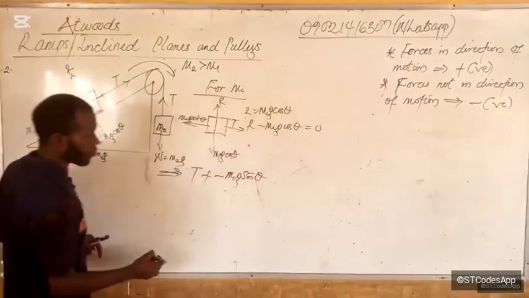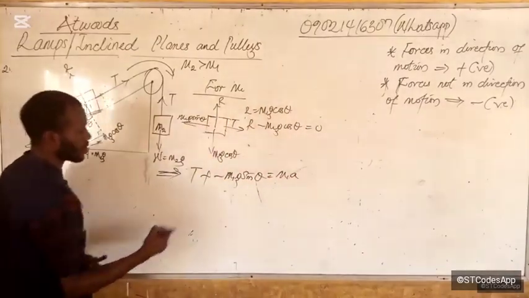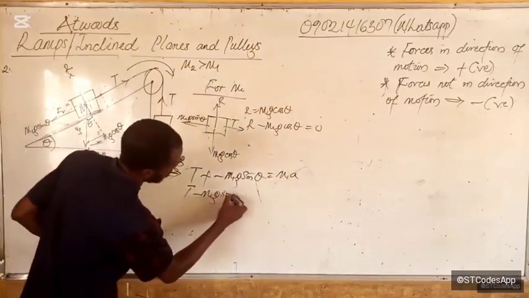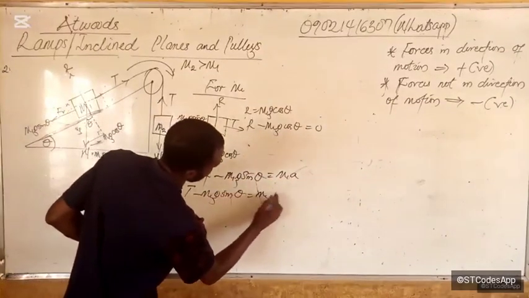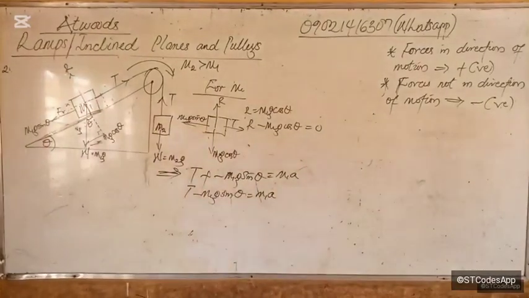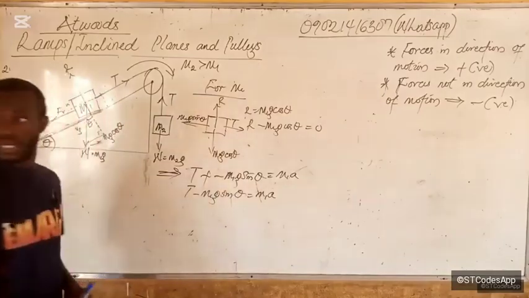Recall that this is M sub 1. So this will lead to what? A particular acceleration of M1. So what we have is T minus M1g sine theta is equal to M1a. I hope it's still capturing.